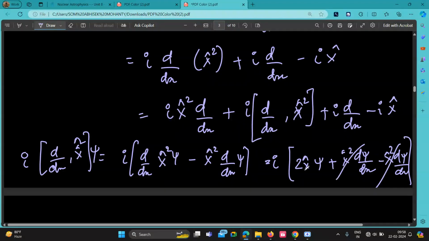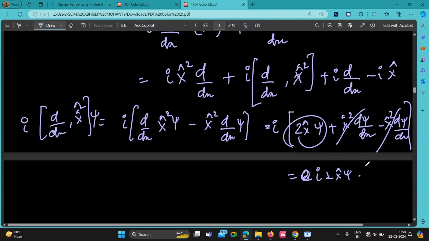So this cancelled out. What is left is i 2x psi. So this is actually i into 2x.